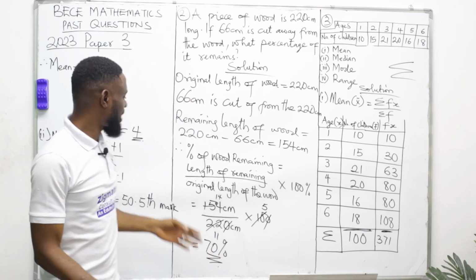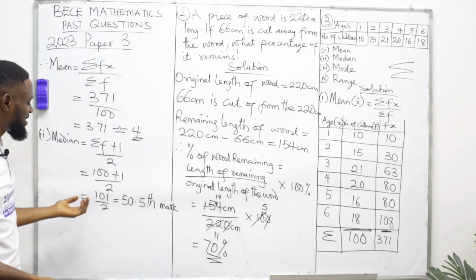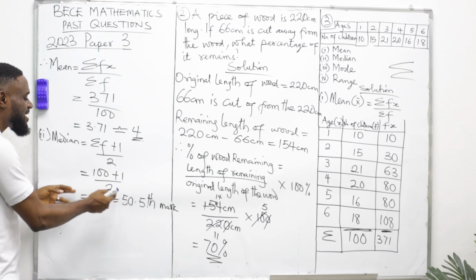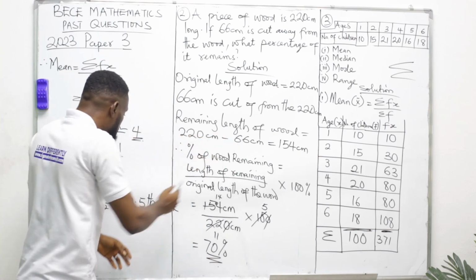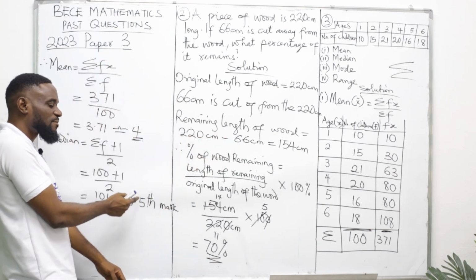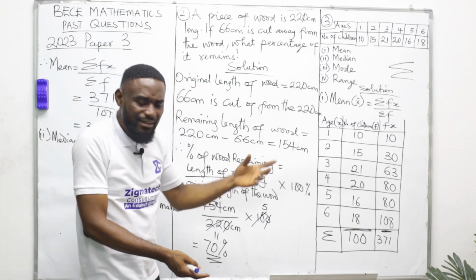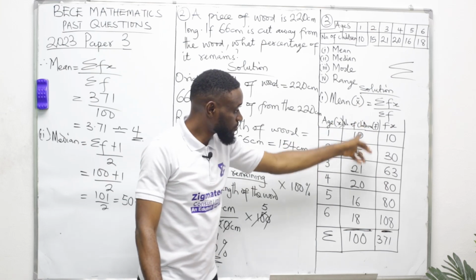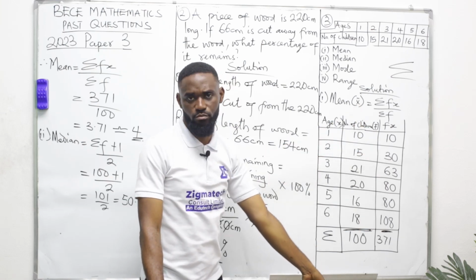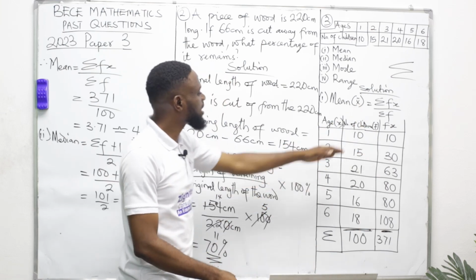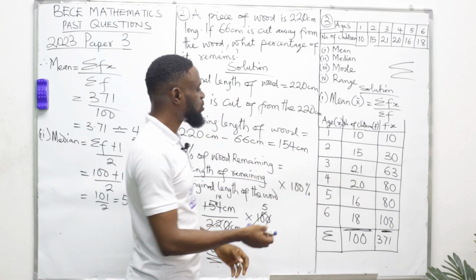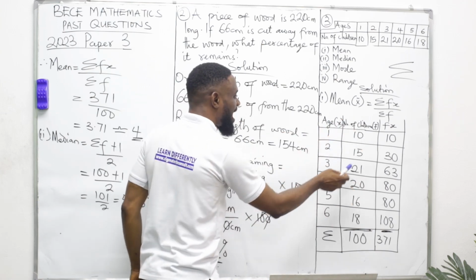But what you can do is apply this formula, right? Once you apply it, it means that the median age will be at the 50.5th mark around the frequency column, right? So in this column, which age do we have?